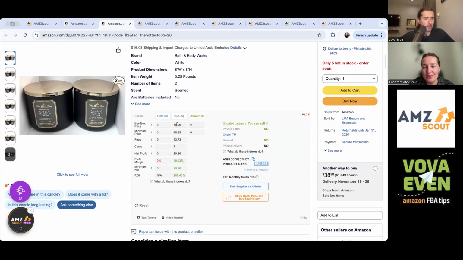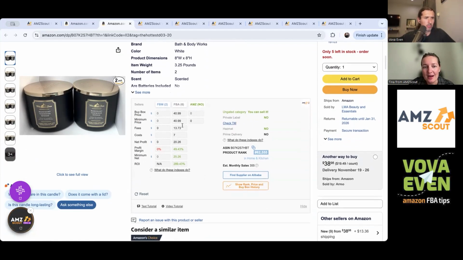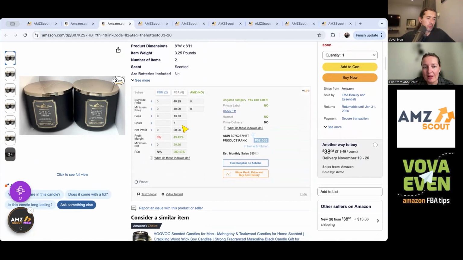Yeah, this 40.99. And if you put the costs that you imagine you'd have selling this product, I just put 7, but let's put, for example, 8, you'll see that it would count the net profit for you, the profit margin, minimum net profit, with the minimum price this listing has right now among all the sellers, and the ROI.